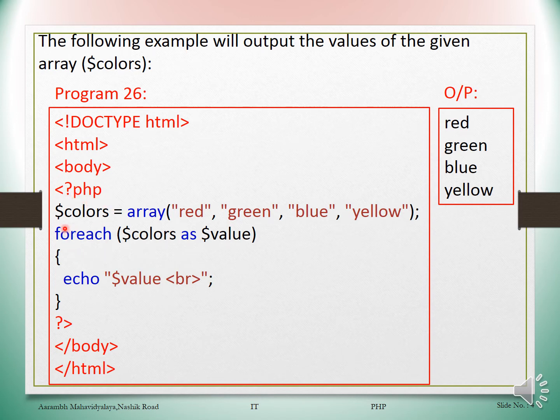Then our main part, here $colors. $colors indicates the variable name. Colors is the variable, equal to array of red, green, blue, yellow. These four are the color names and this colors variable now works as the array name.